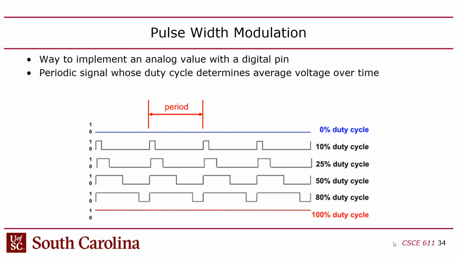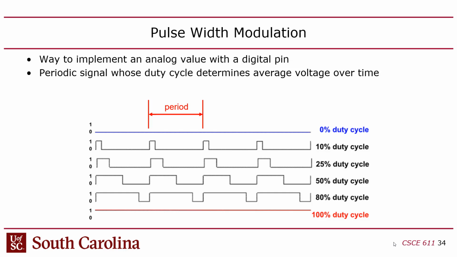Well, what ends up happening is if you apply a low-pass filter to this signal, it ends up looking kind of like the analog signal that it's supposed to represent.